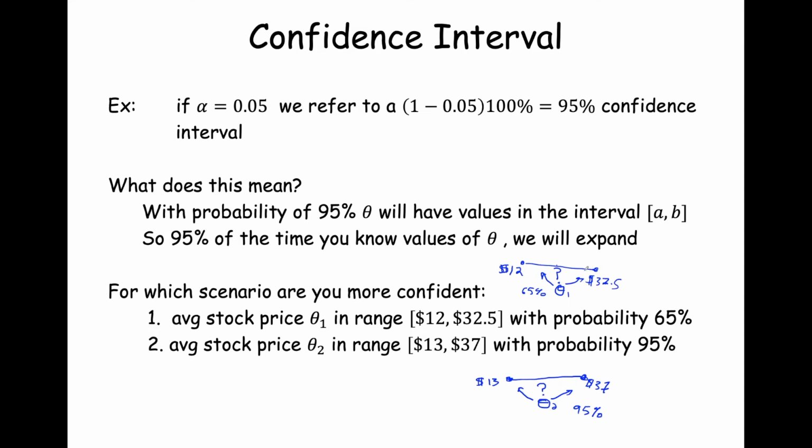So we say that 65% of the time, security number 1 is going to average between 12 and 32.5. It's going to be covered, and 95% of the time for security 2, it's going to be covered by the interval between 13 and 37.